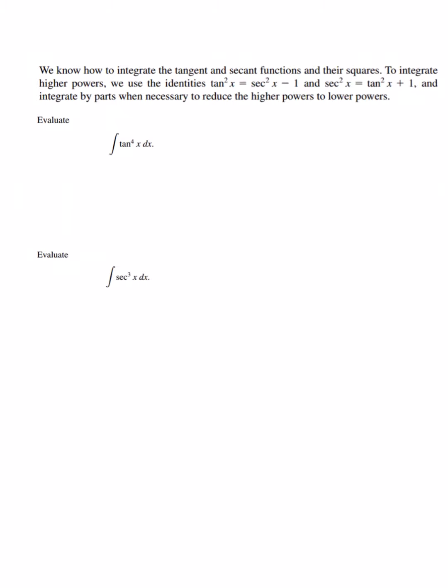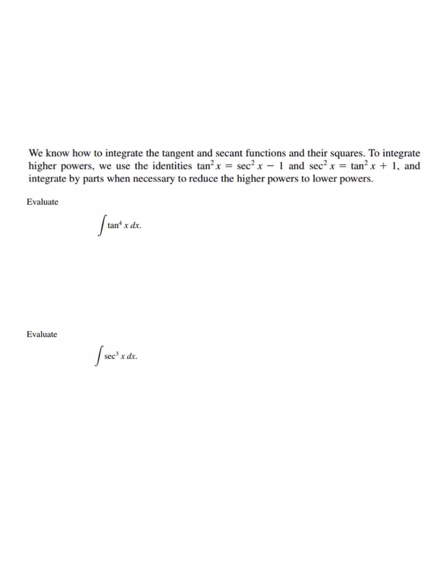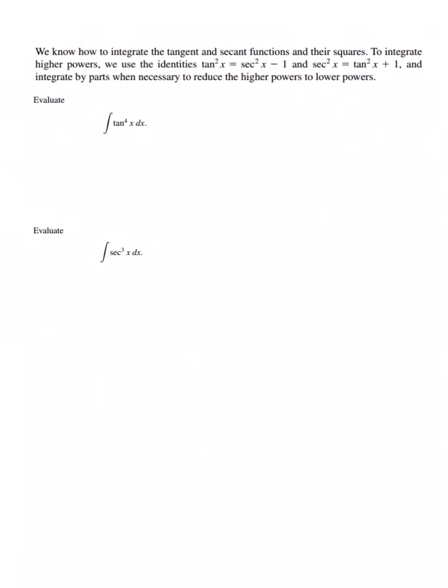So for example, when I have tangent to the fourth of x, I'm going to go ahead and change that into a tangent squared times tangent squared. I'm going to take one of those tangent squareds and change it into secant squared minus 1.